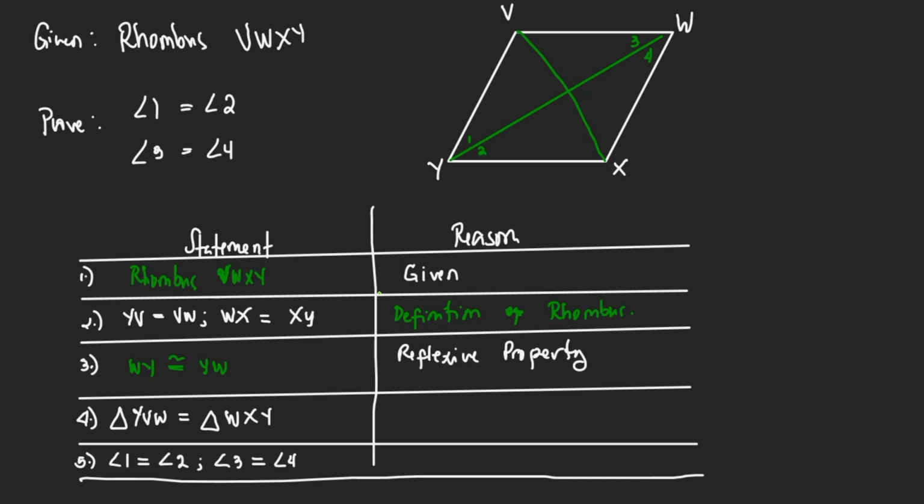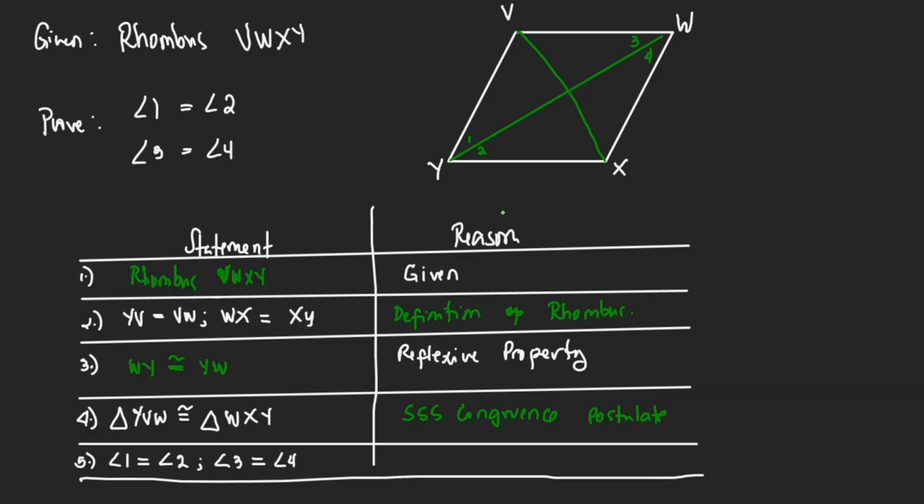We state here that triangle YVW is congruent to triangle WXY. Remember, we're focusing on the sides. So the property we can use here is the side, side, side congruence postulate.